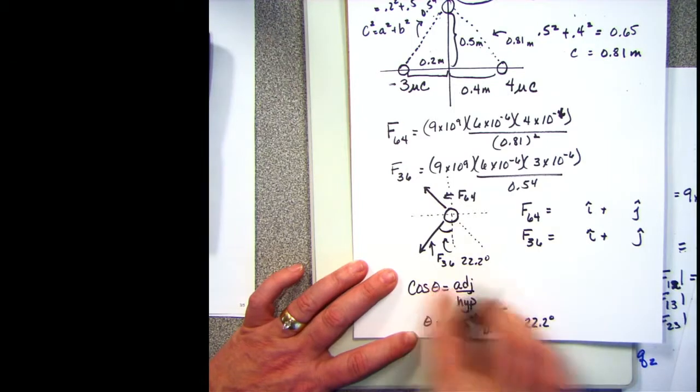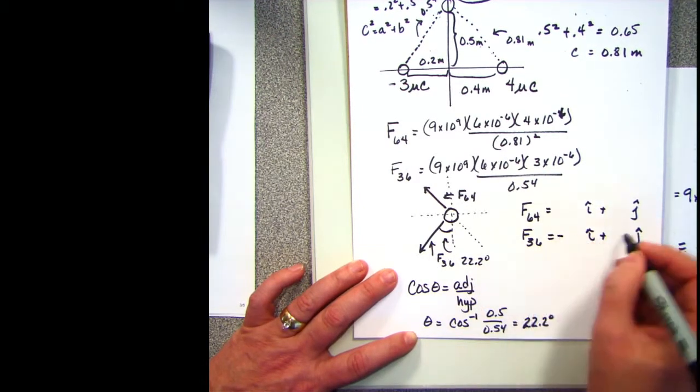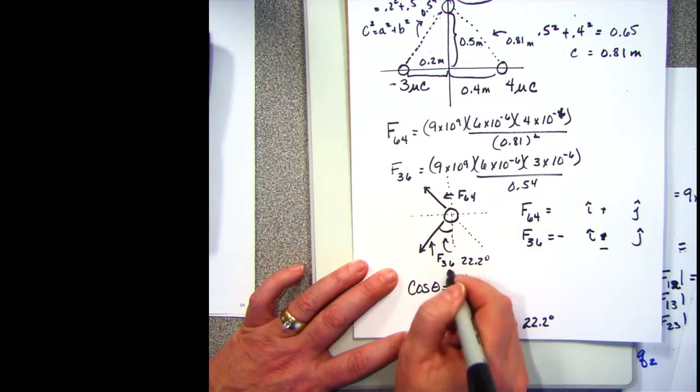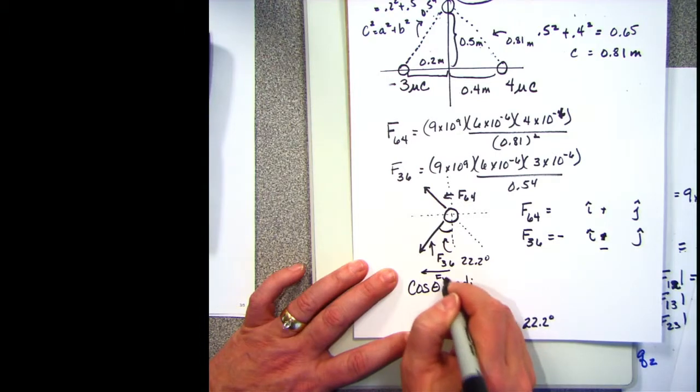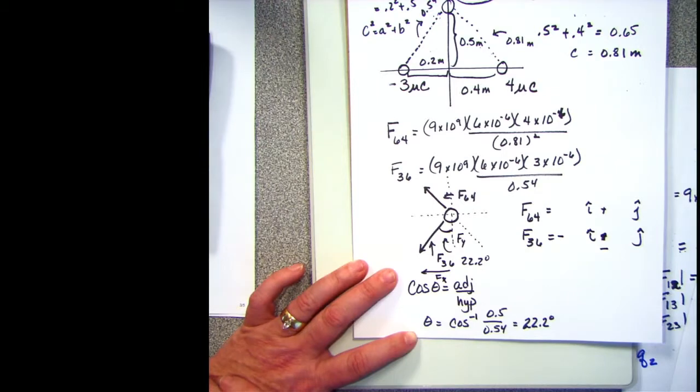If I'm writing out this force, this one is going to be negative, and this will also be negative, because I've got my components here. There's my x component, and this is my y component. Both of them are going in the negative direction.